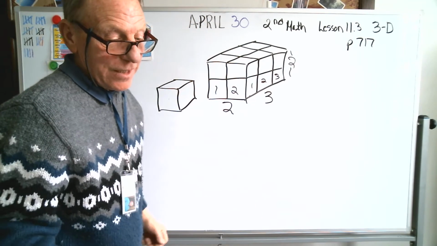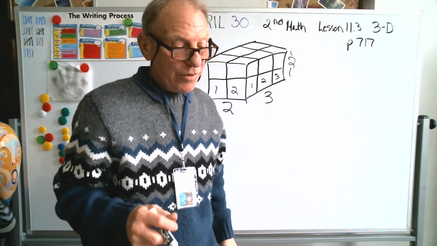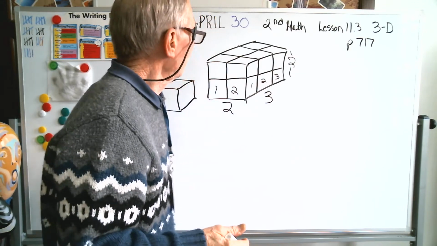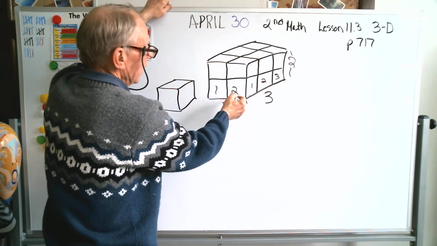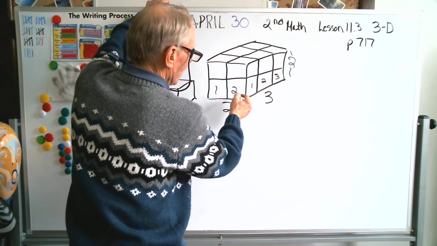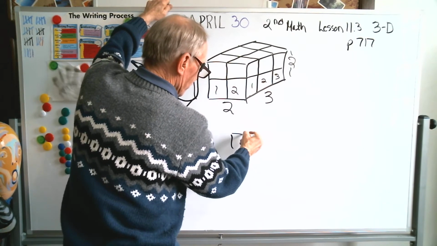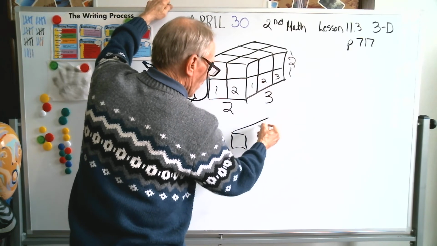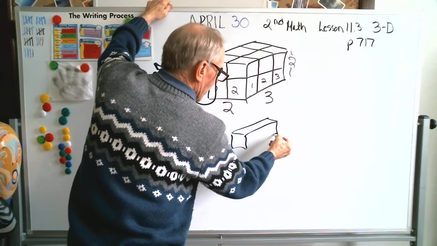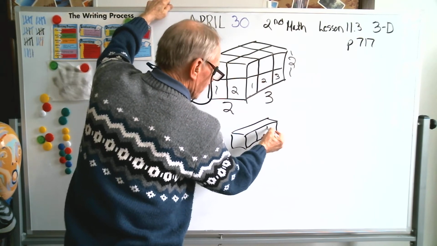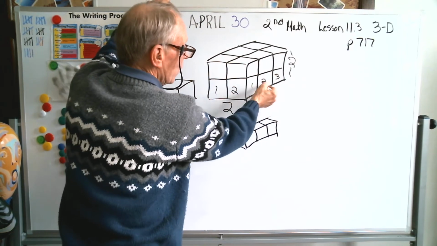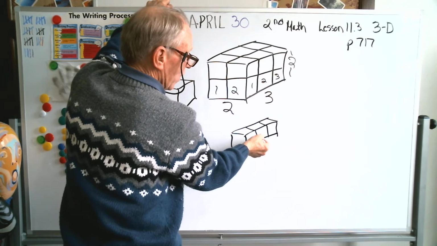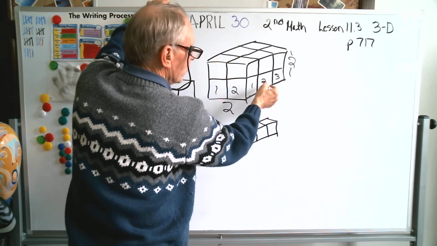Now, it says build this rectangular prism using 12 unit cubes. Are there 12 of them there? Well, let's count them. In this row, and this row would look like this. If I drew that row, it would look just like this. This row right here, and there's 1, 2, 3.